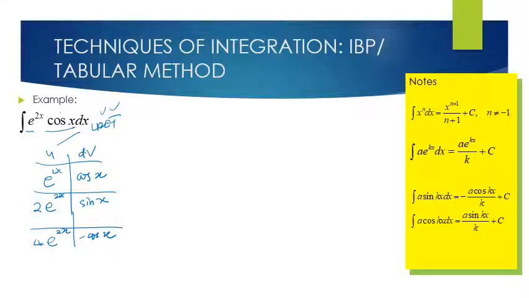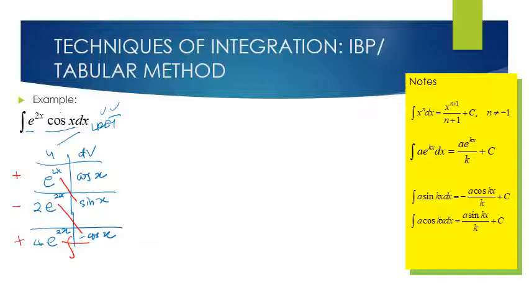Then we make a cross section here from section to section. For the second to third and the final, we always make sure that it is integrated. Then put the signs here: plus, minus, plus, and so on.